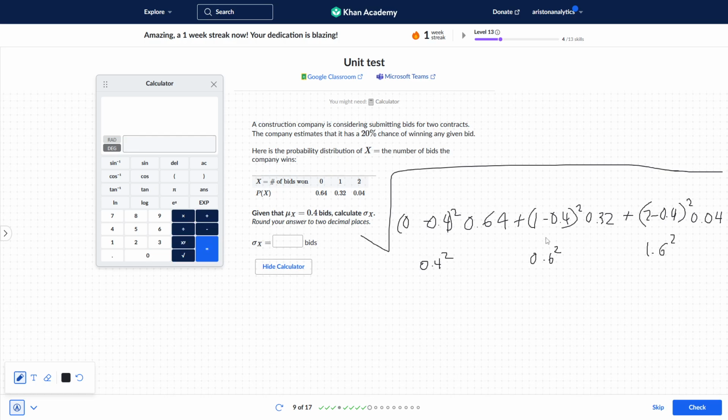Let's go ahead and do each one before we add them. Squared plus, okay.